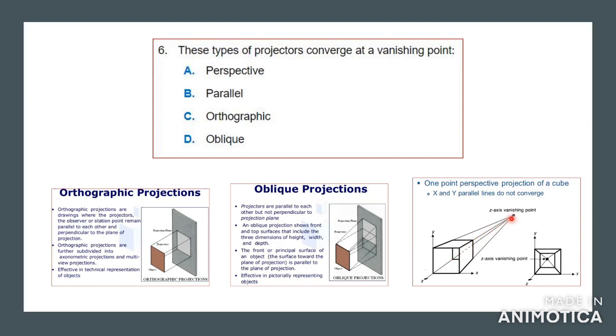That point where it vanishes is called the vanishing point. So the question asks, these types of projectors converge, and converge means they come together at a vanishing point, a very, very small point. So the answer would be perspective.